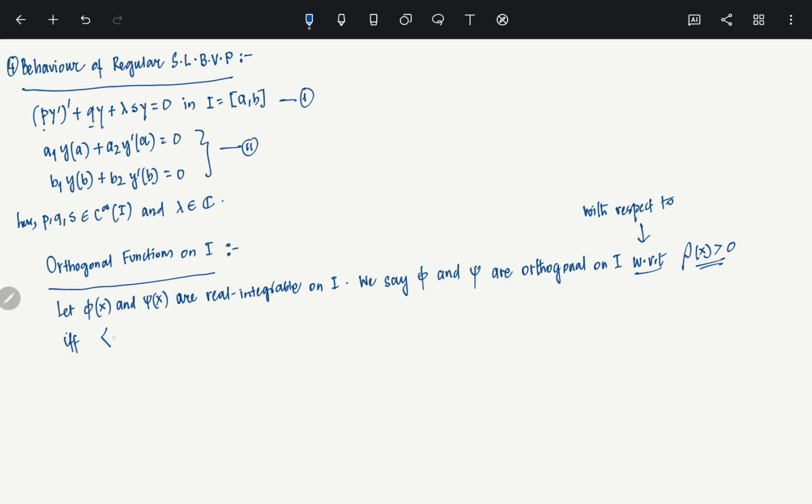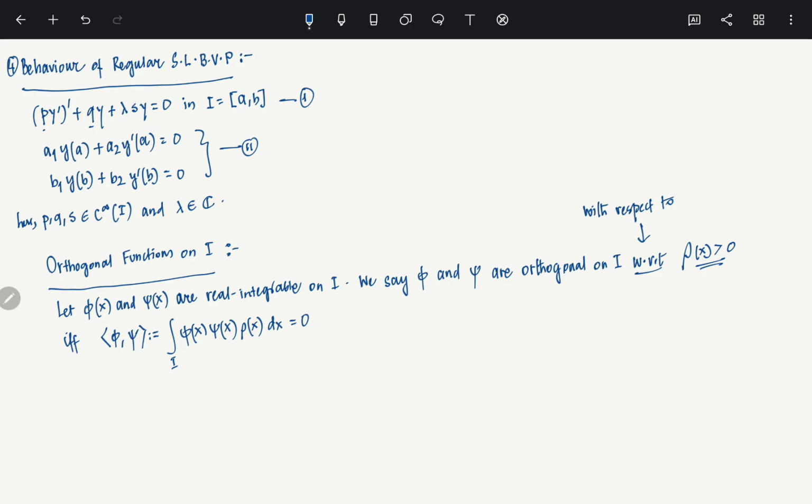this is the inner product I was talking about. In the case of vectors, we just think of it as a dot product. So the inner product of psi and phi, we will define as the integral over I of phi of x, psi of x, and then rho of x dx. If this becomes 0, then they are orthogonal.